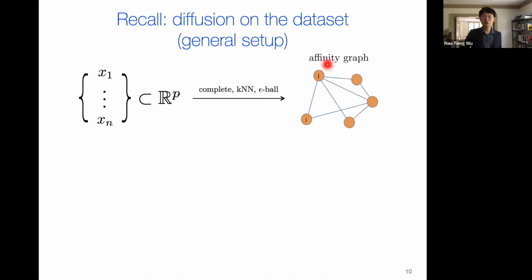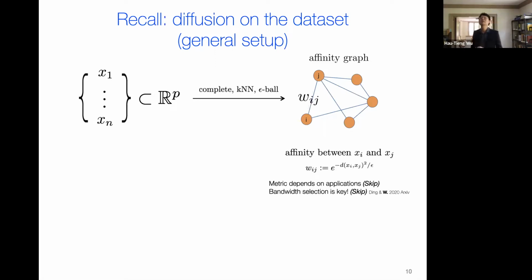And then you want to make it an affinity graph to describe how similar two points are. So usually we consider the affinity between two points, xi and xj, and define it in the following way. You can take any other kernels, but here I just use a Gaussian kernel, and the kernel needs to satisfy some basic conditions. But let's say it's a Gaussian kernel.